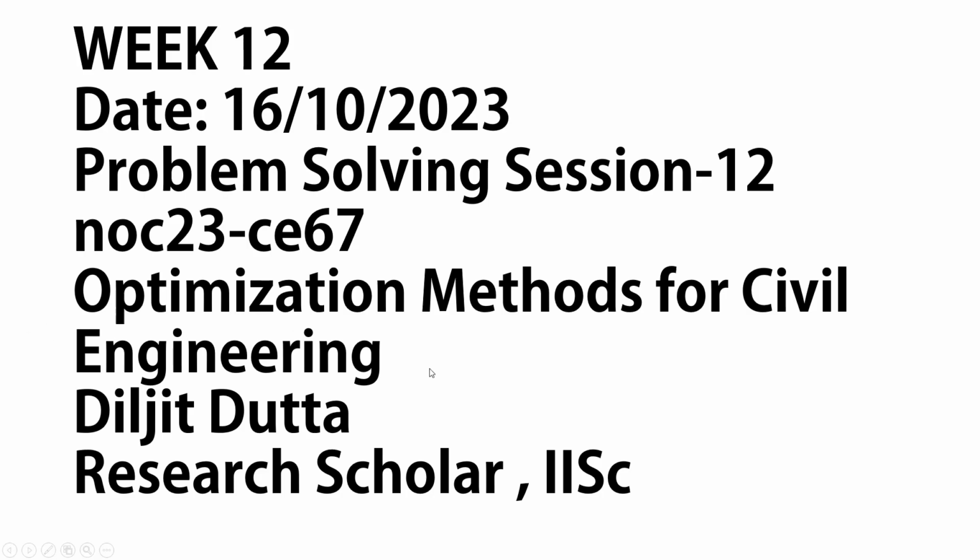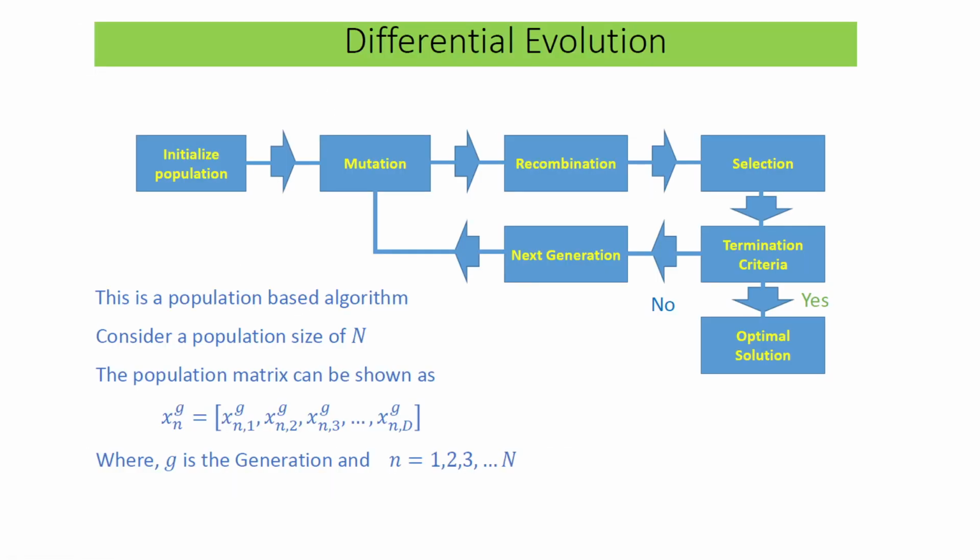Before proceeding to the problems, I will brush up the concepts. First we'll see how to solve an optimization problem using differential evolution, and then how to solve a multi-objective problem using the NSGA2 algorithm in R. After that, we'll proceed to solve problems in MATLAB, and then in Excel, because Excel is for solving very basic problems.